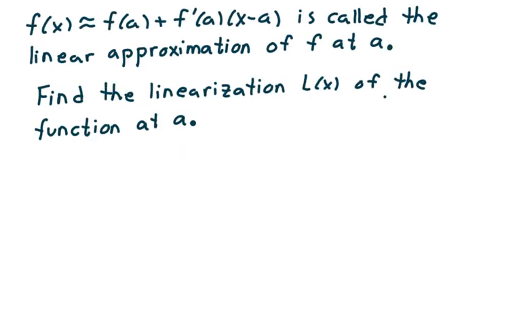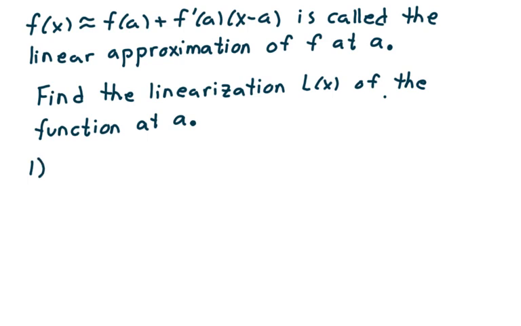Now, f of x, which is approximately f of a plus f prime of a times x minus a, is called the linear approximation of f at a. Okay, the directions say to find the linearization L of x of the function at a. And let's take a look at an example.